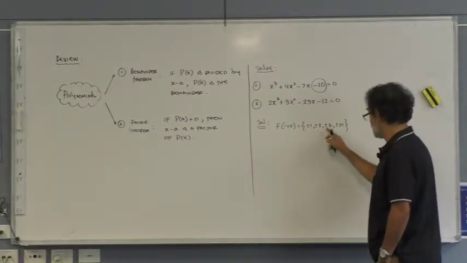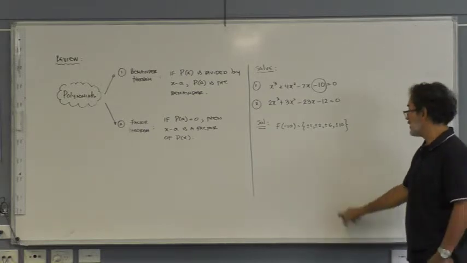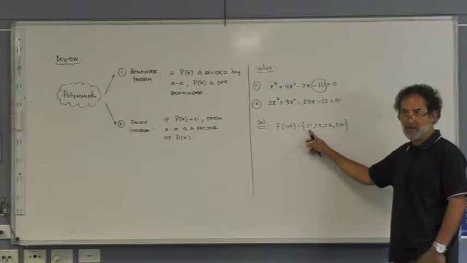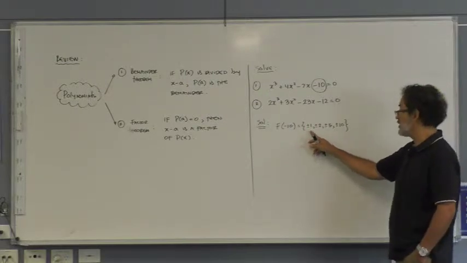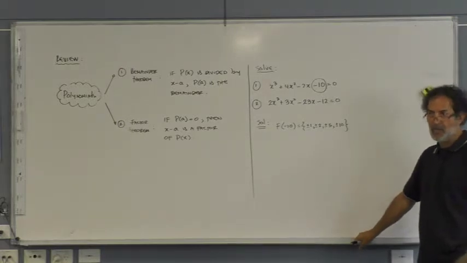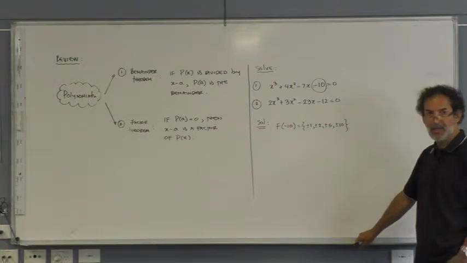So we got 8 factors. And then we need to check. If we are lucky, we can find one of the factors straight away, so that when you substitute that into the equation, the answer is equal to 0. So we're going to check positive 1 and see what happens.